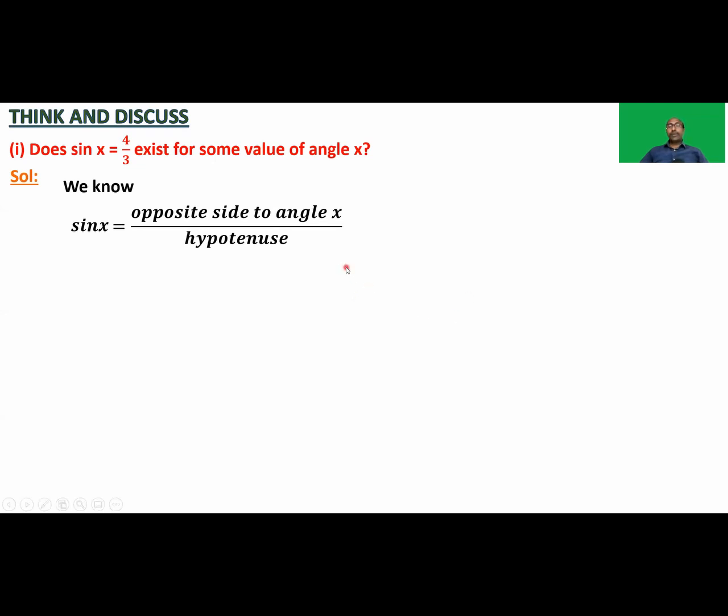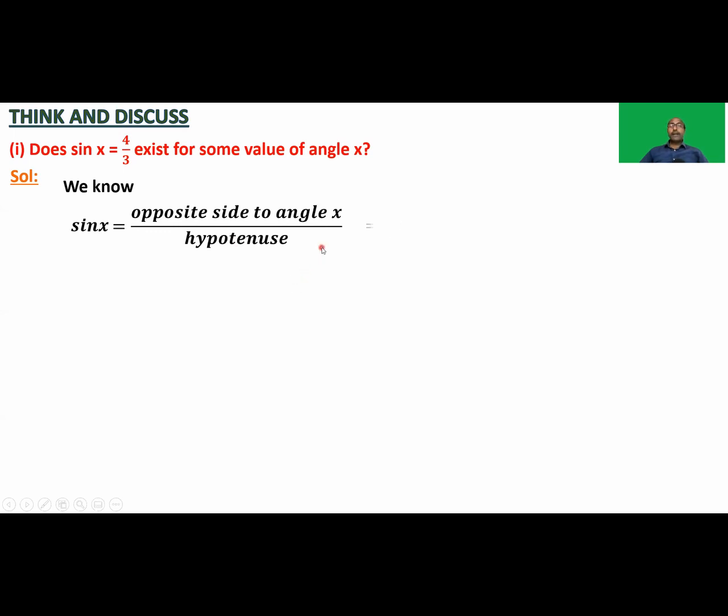Students, we know that in a right angle triangle, hypotenuse is the longest side and the remaining two sides are smaller than hypotenuse. Either opposite side or adjacent side, both are less than hypotenuse. So in this fraction, we have a small value in numerator and big value in denominator because hypotenuse is greater than opposite side.